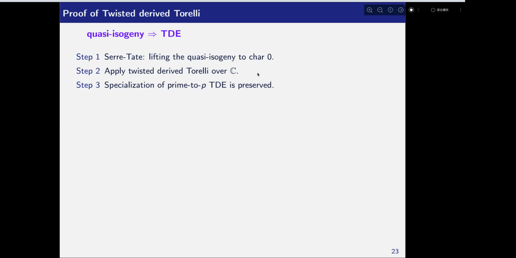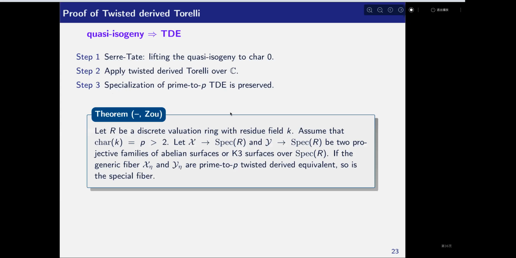So the idea is that we first lift to characteristic 0 and then do the reduction back to p. When you do reduction, we need step 3, the specialization of the twisted derived equivalence. More precisely, we prove the following theorem.